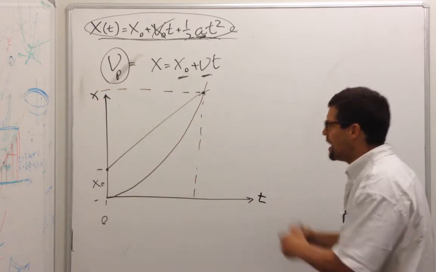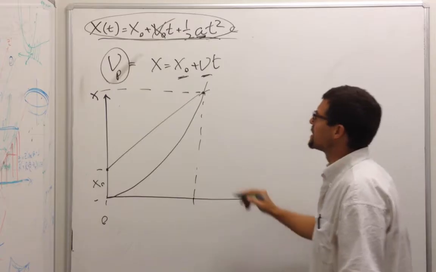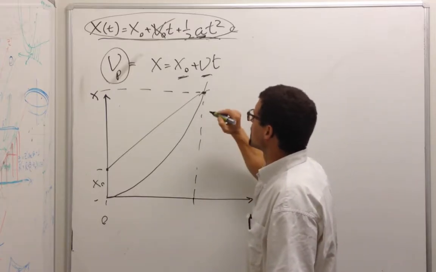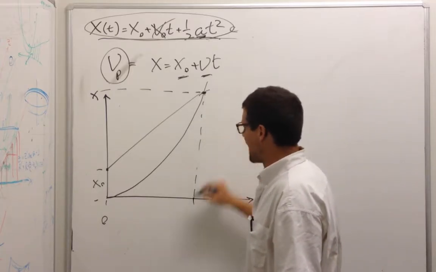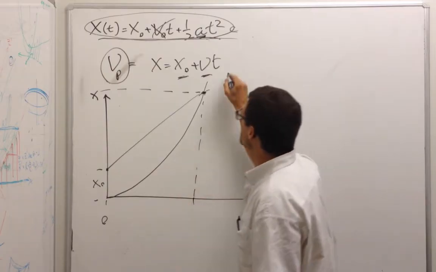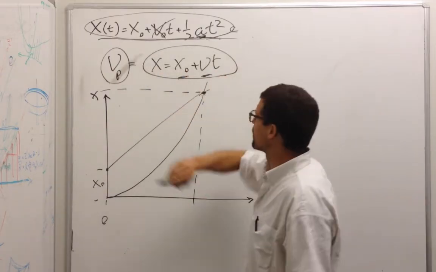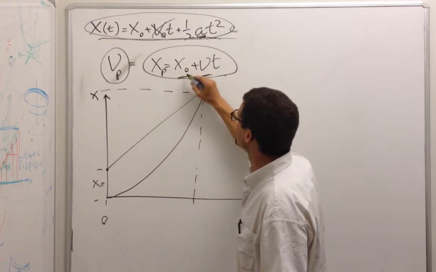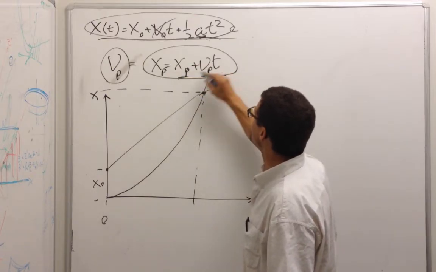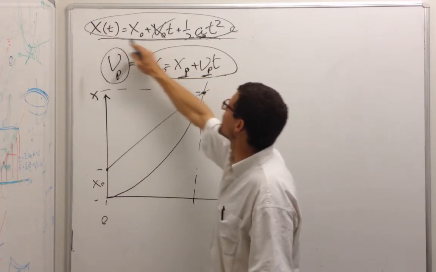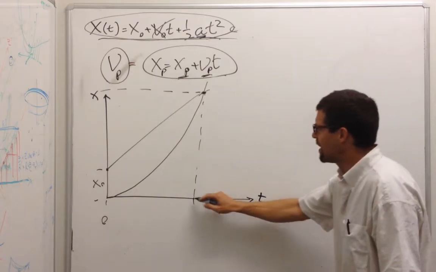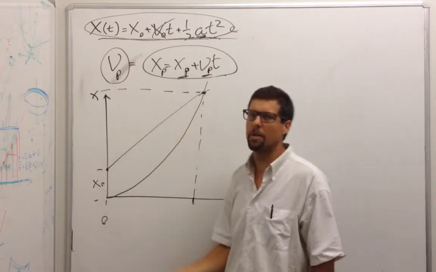How? The key physics is, at this point, he and I have the same displacement. So you take my displacement as a function of time, x of t is x naught plus vpt, and you set it equal to his displacement as a function of time, and you can find time and then substitute it back.